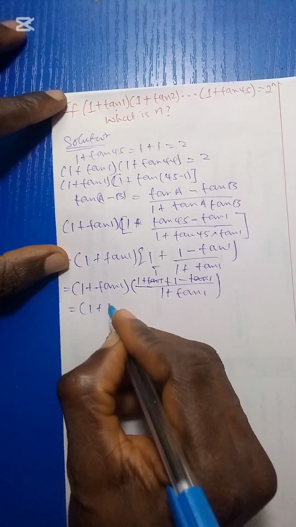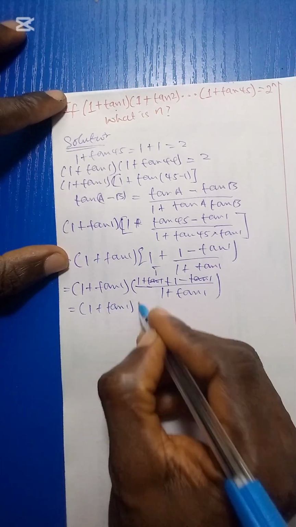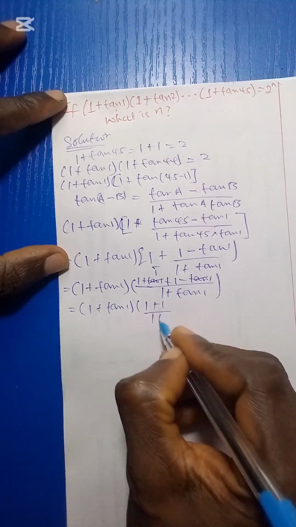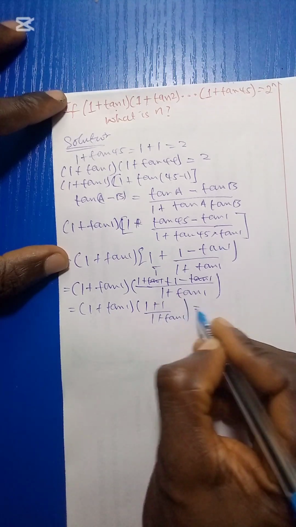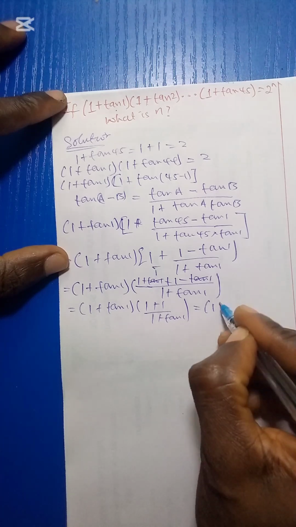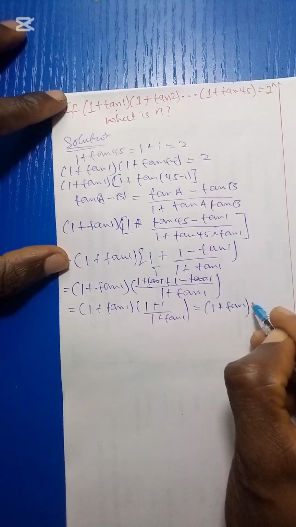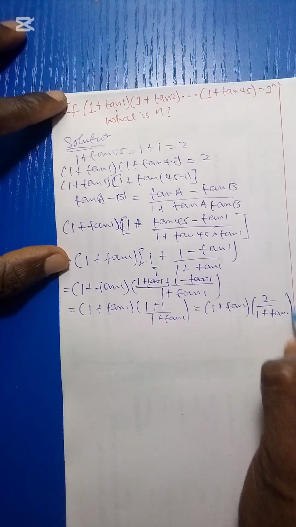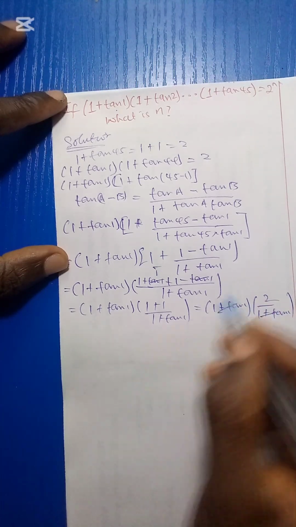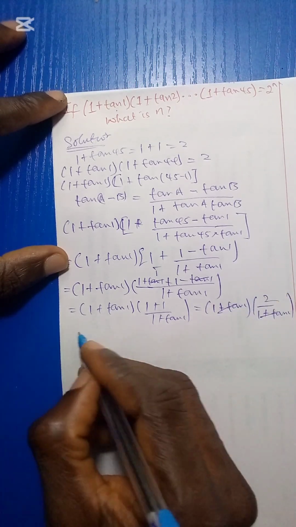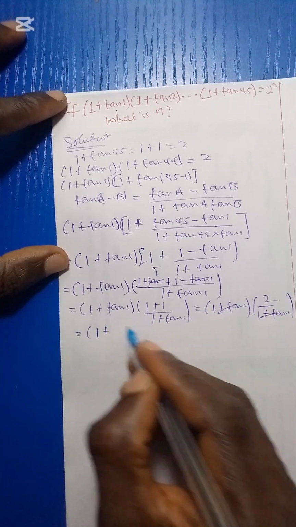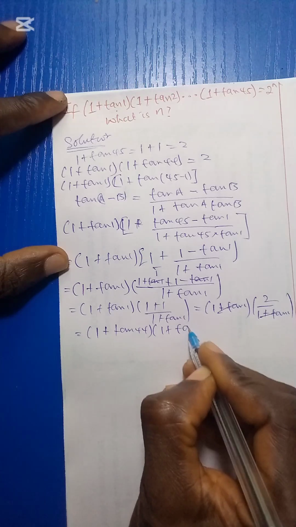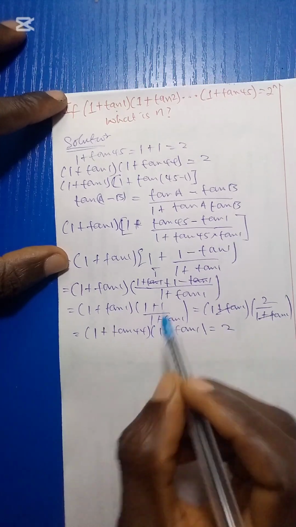We now have 1 plus tan 1 times 1 plus 1 over 1 plus tan 1, which is 1 plus tan 1 bracket 2 over 1 plus tan 1. Now this will cancel this, giving us 2 as the result. So our 1 plus tan 44 times 1 plus tan 1 will give us 2.